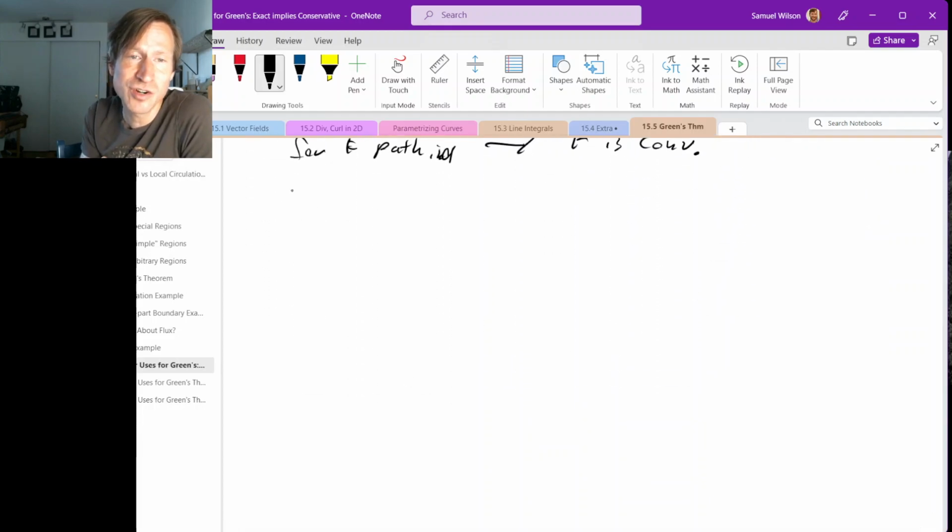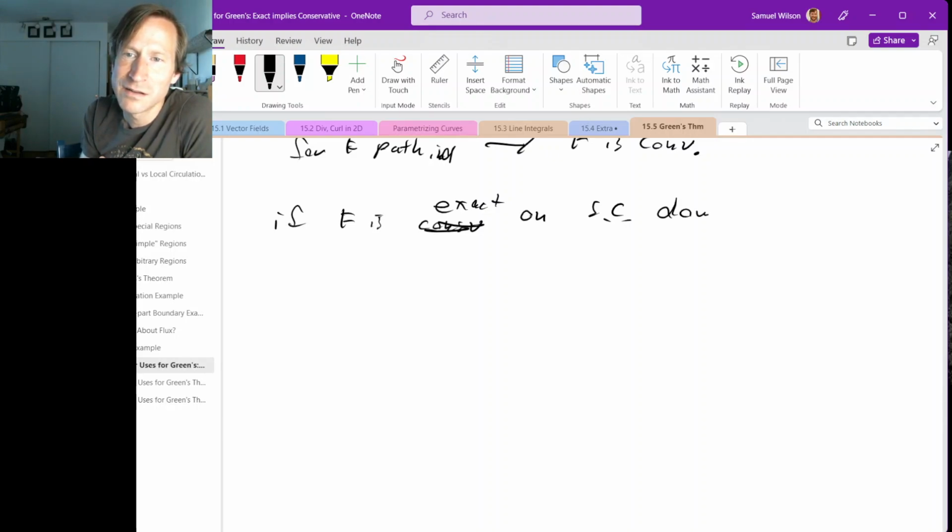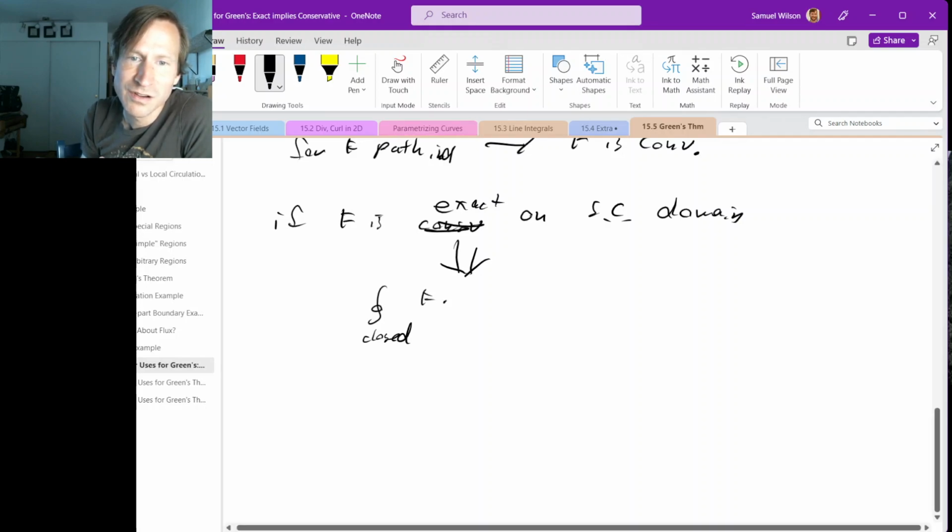Okay, so what we've shown is that if f is exact on a simply connected domain, right, we proved that line integrals over closed loops are equal to 0.